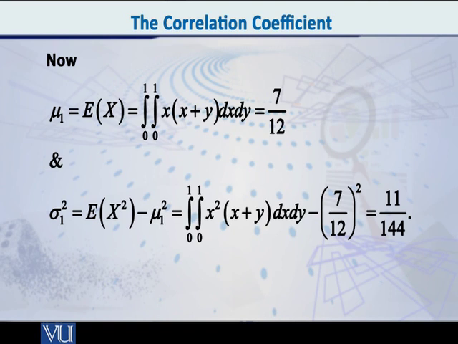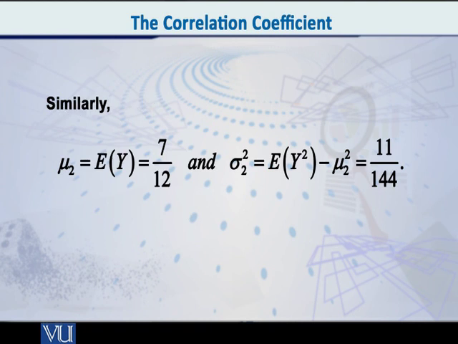You will simply take the integral from 0 to 1 of x square into g of x with respect to x. Marginal जो है वही इस्तेमाल होगी, and doing that you can get the answer and then do the rest of it, and the variance comes out to be 11/144. इसी तरह, बिल्कुल इसी तरह, we can find the mean of the random variable y.